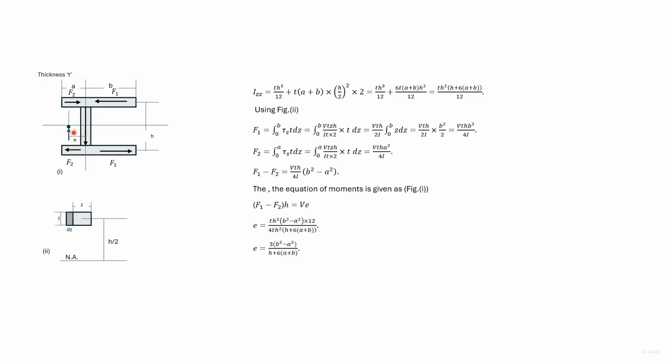The moment at the shear center would be 0. So F1 minus F2 into h will be V into e. We get this expression of the distance of the shear center from the middle of the web. With some algebra, we get a compact formula.